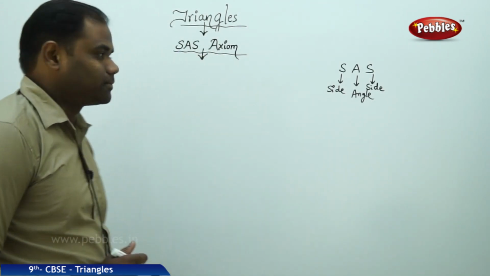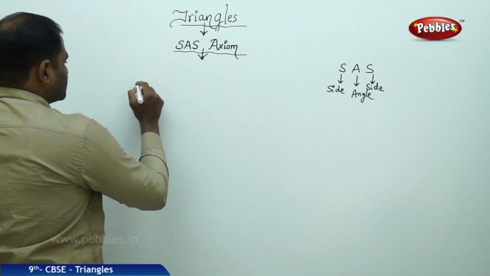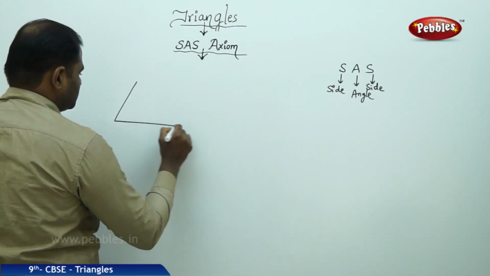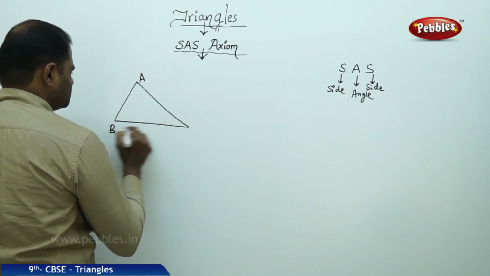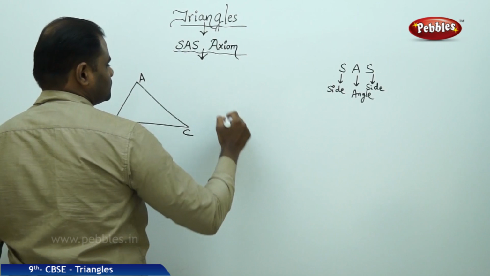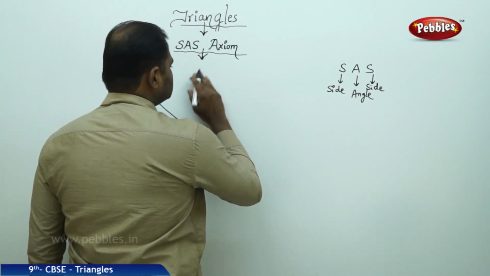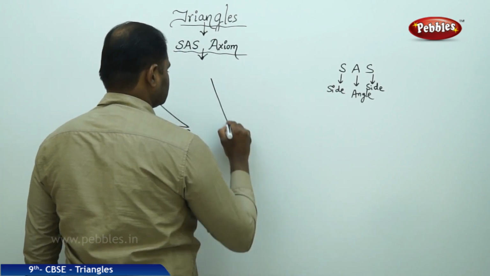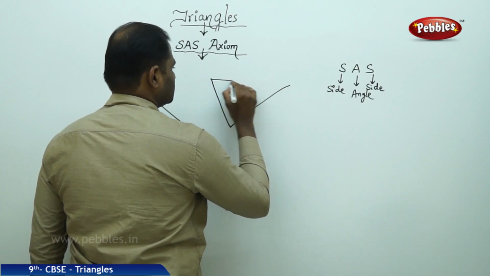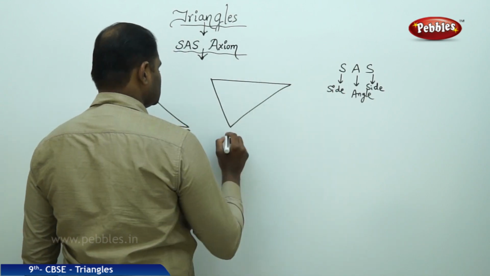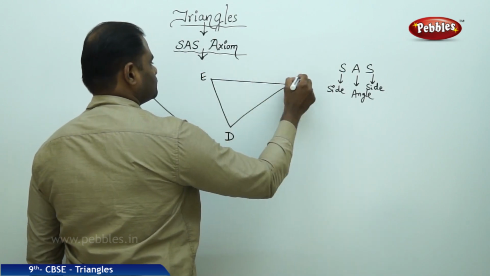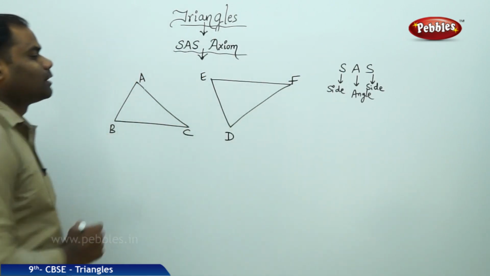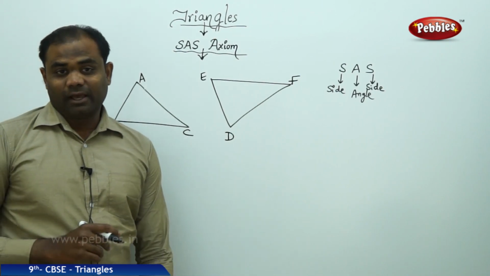So let's take the two triangles. Imagine I have a triangle ABC, and I have a triangle DEF.